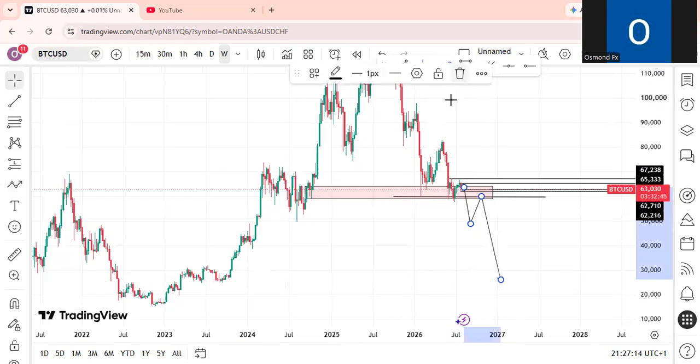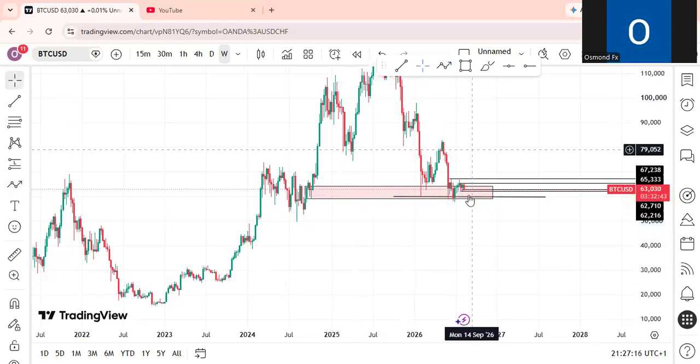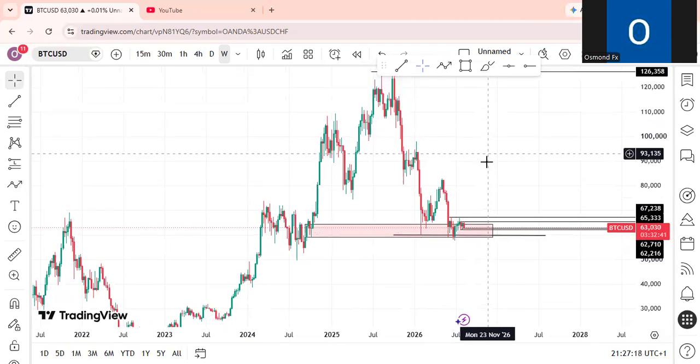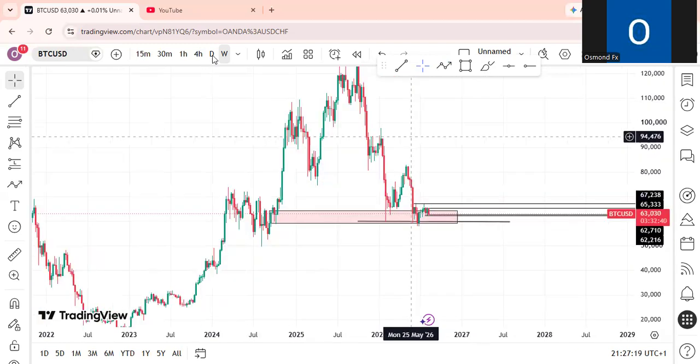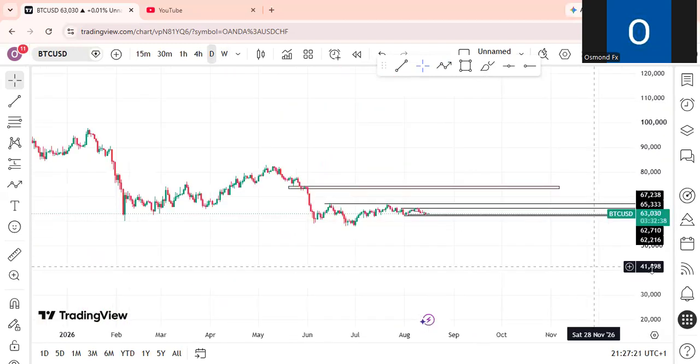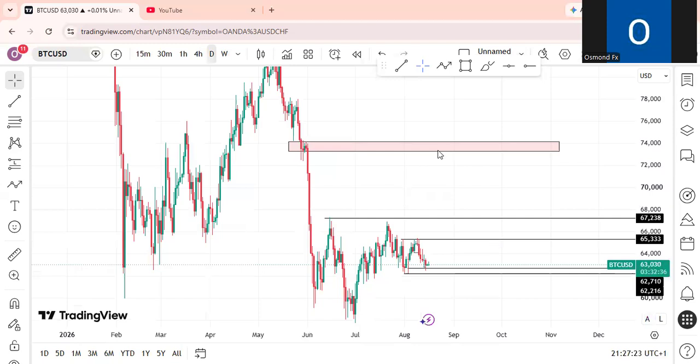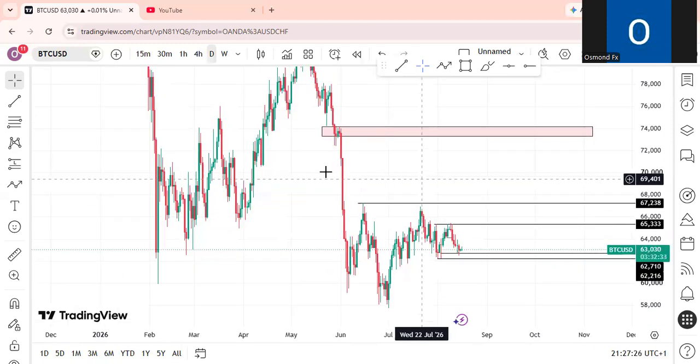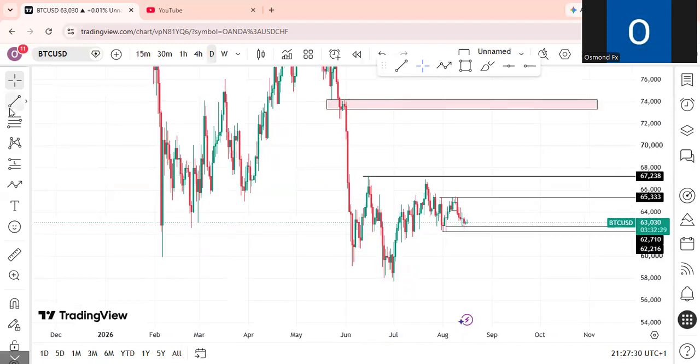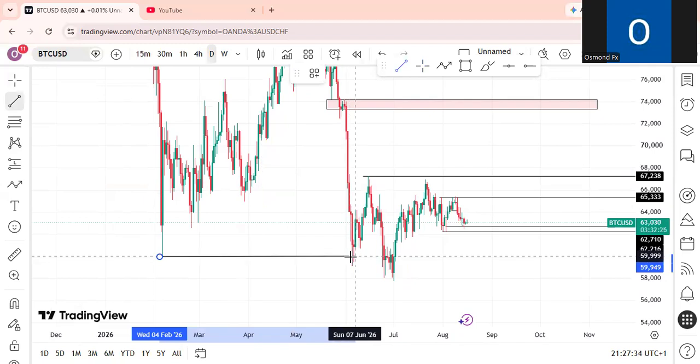But as long as we stay above this area, I'm going to be expecting more buying opportunity to the upside. Coming to the daily time frame, the only area we could spot a supply zone was above this area. And from the daily time frame, we could also see that the market has already taken out liquidity from here.